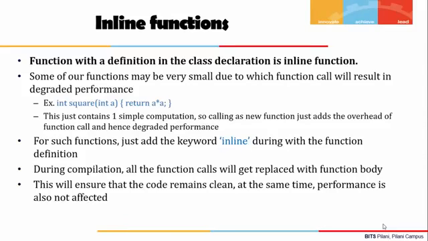Thus, using inline function, we can reduce the execution time. In an inline function, the compiled code is in line with the other code in the program. That is, the compiler replaces the function call with the corresponding function code.